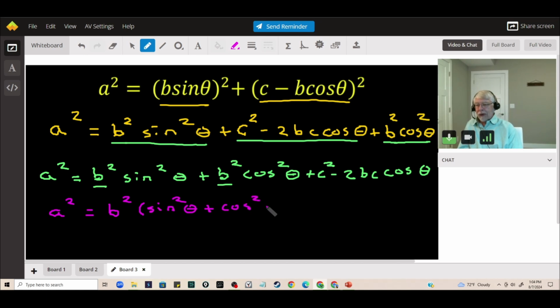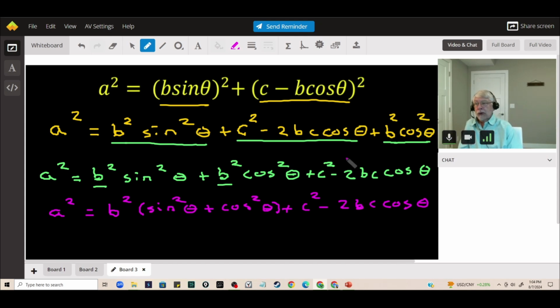And whenever you have sine squared theta plus cosine squared theta, that helps a lot. I'm going to show you in a minute. So we've done that, and we're going to add plus C squared minus 2BC cosine theta. And we are almost done.